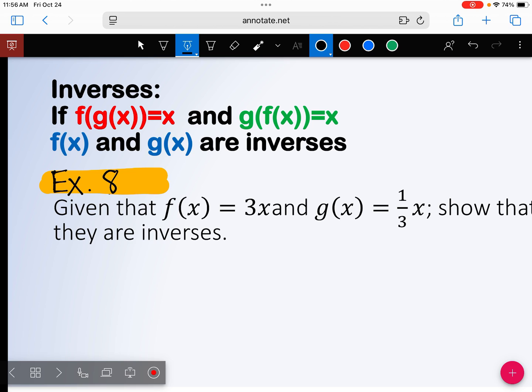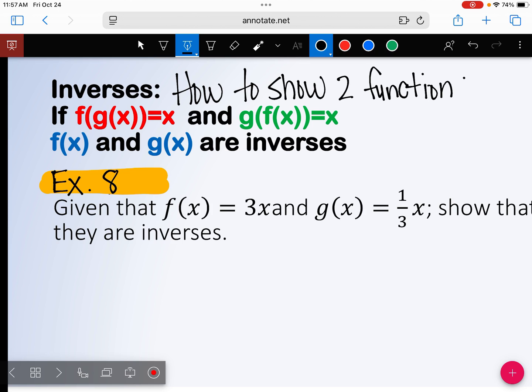So what we're trying to do is show, this is how you show, how do we show that 2 functions are inverses? And I'll remind you in a moment what that means.